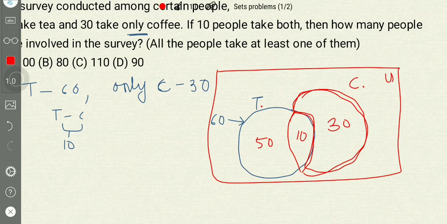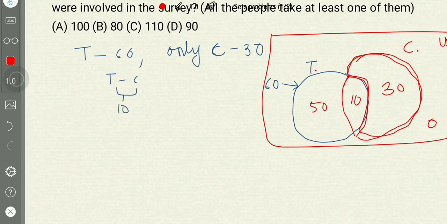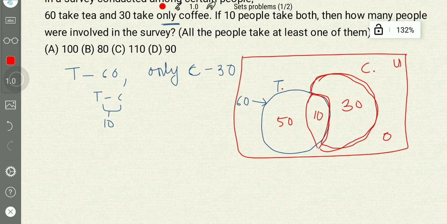So the number of people who don't take any is 0. Then what do we need to find? How many people are involved in the survey? So 50 plus 10 plus 30, which is 90 people are involved in the survey. The answer is 90.